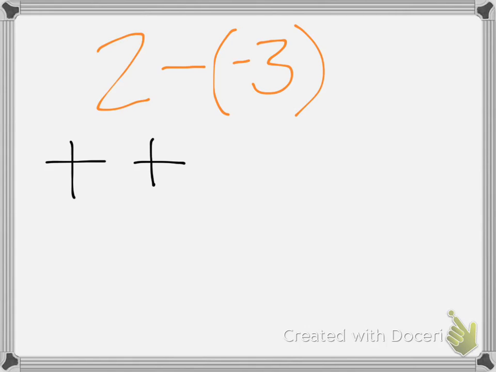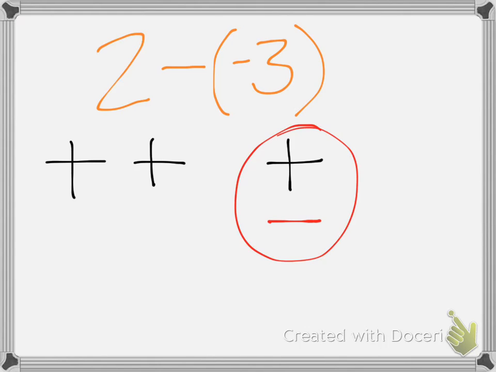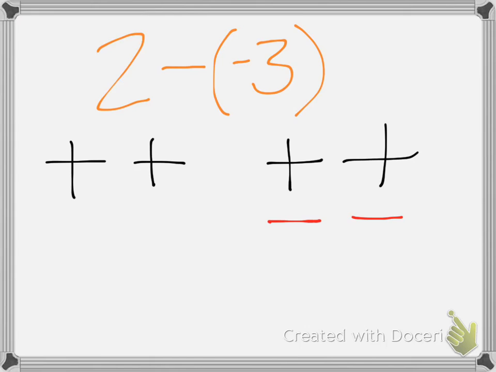So I need to add some negative symbols, but in adding negative symbols I need to remember I can't change the value of what I started with, which was 2. So if I add a plus and a minus, I've added 0. This right here is worth a 0, so I haven't changed anything. And I could repeat that process a few times until I have 3 negative symbols that I can get rid of. So I've done that twice, and here's my third time.